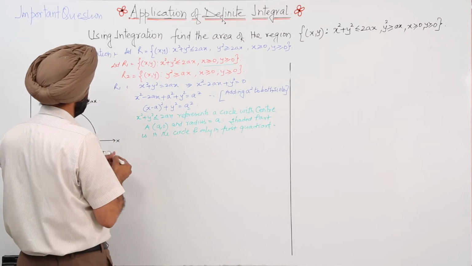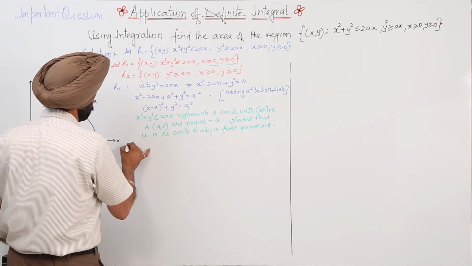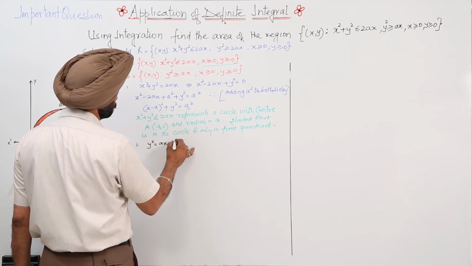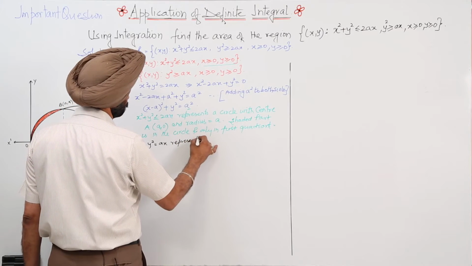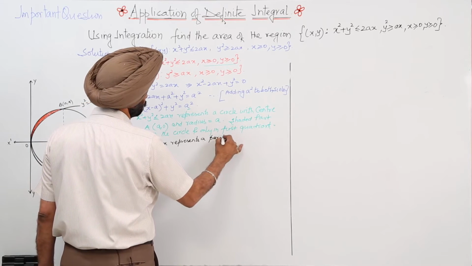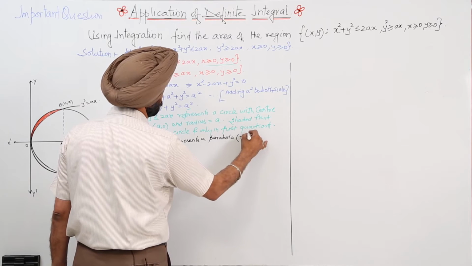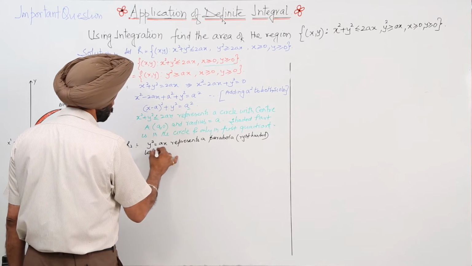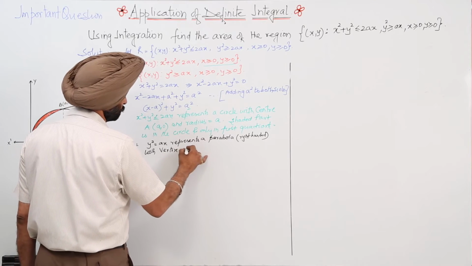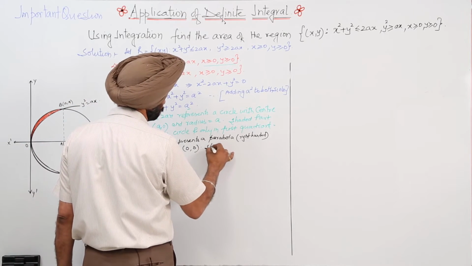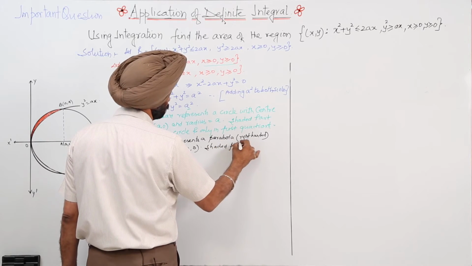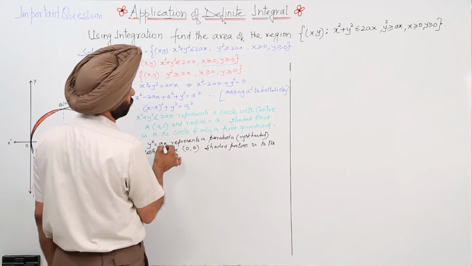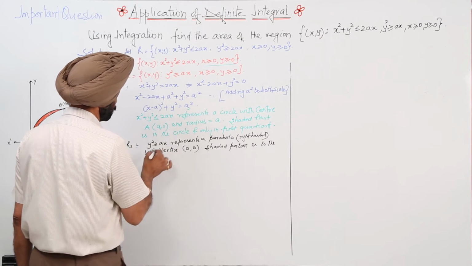Now R2: y² = ax represents a right-handed parabola with vertex at the origin. The shaded portion is for greater than or equal to.